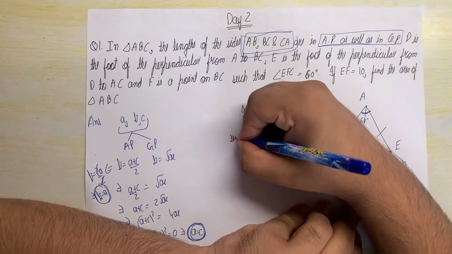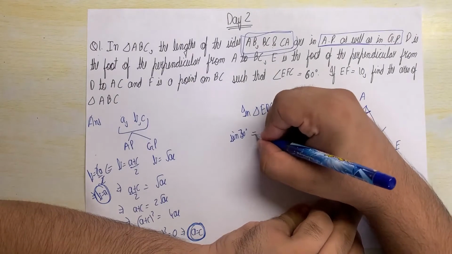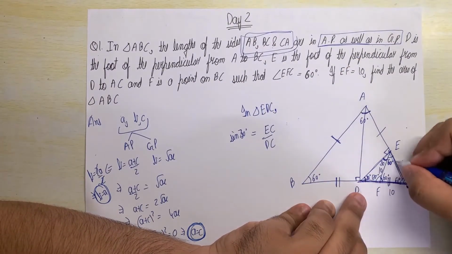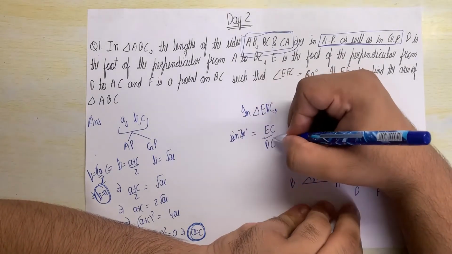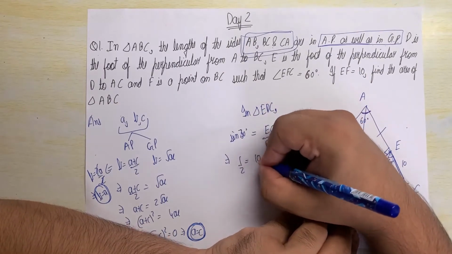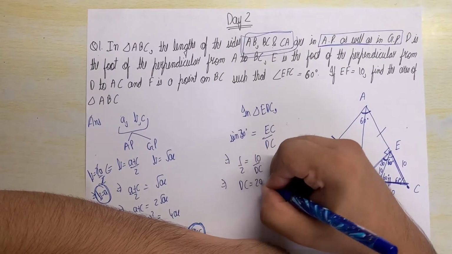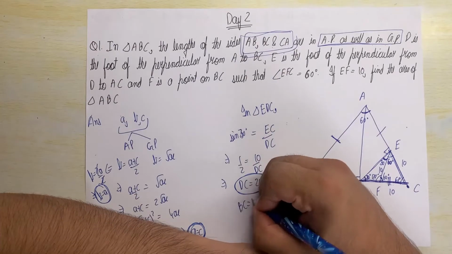Sine of this angle 30 degrees would be equal to EC by DC, since for this angle, EC is the perpendicular and DC is the hypotenuse. So sine 30 degrees equals perpendicular by hypotenuse. So half equals EC, which we know is 10, by DC, which we have to find. So DC essentially comes out to be 20. Now we know that DC is half of BC, so BC comes out to be 40.